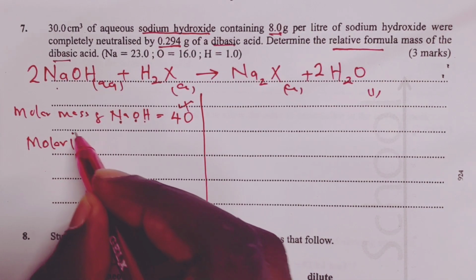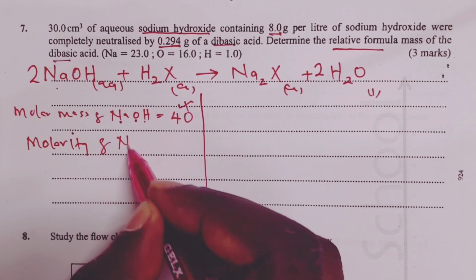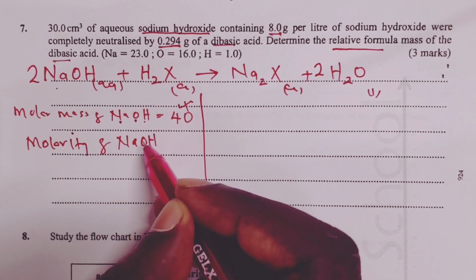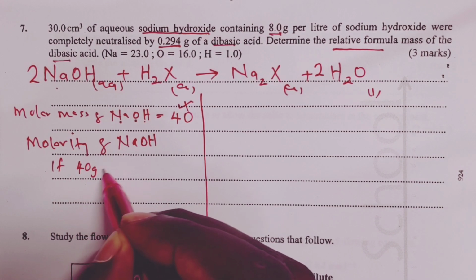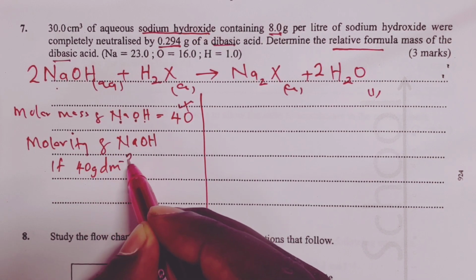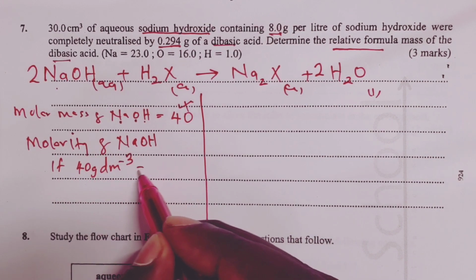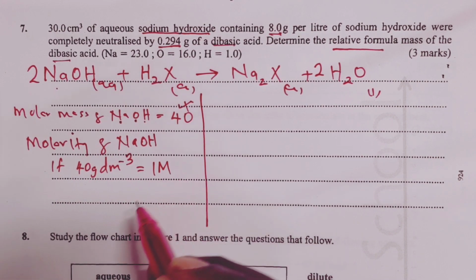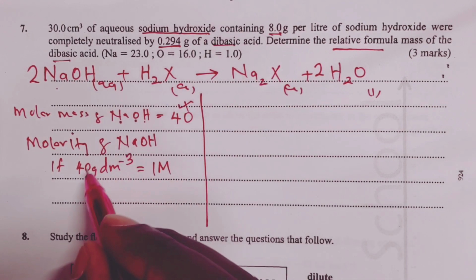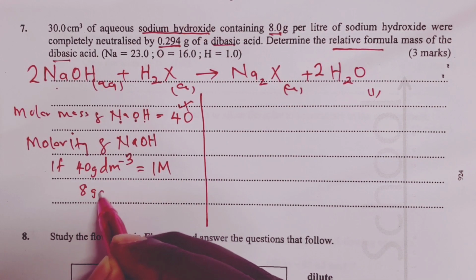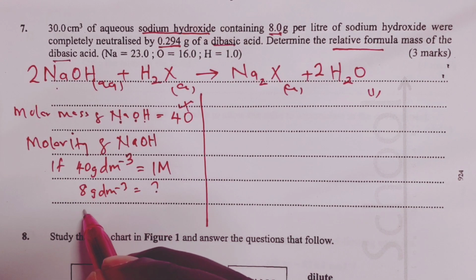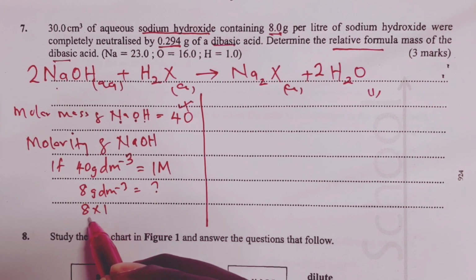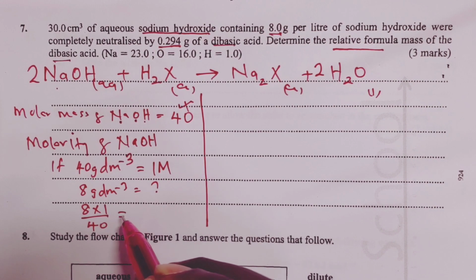Given 40 grams per liter, 40 grams is equivalent to the molar mass, so I would get a 1 molar solution. But in the question, we only had 8 grams per liter. So what will be the molarity of this solution? We shall do 8 by 1 divided by 40.